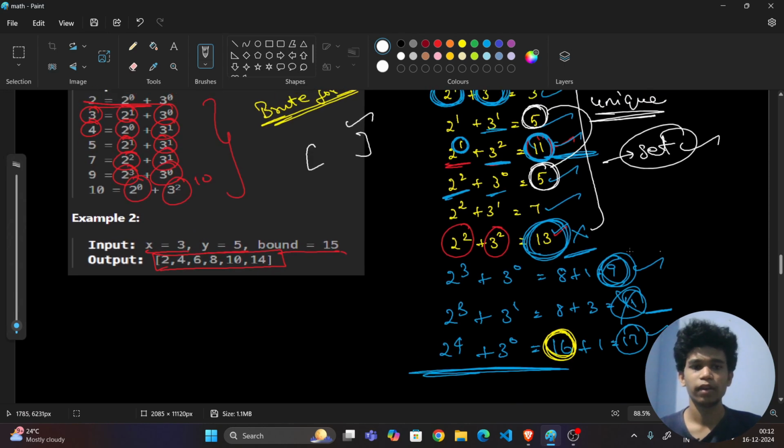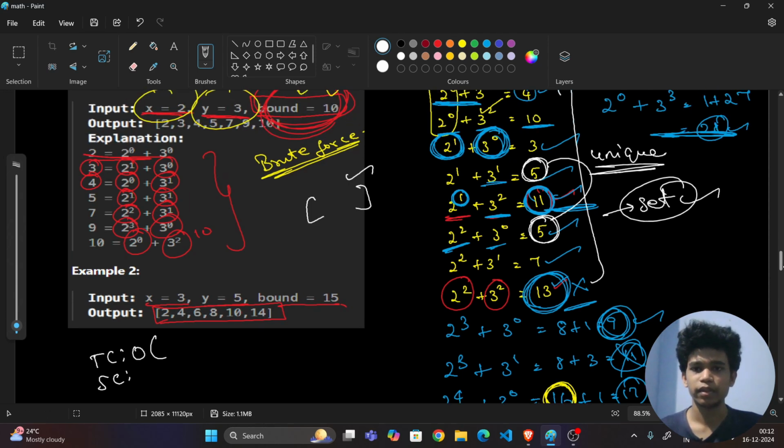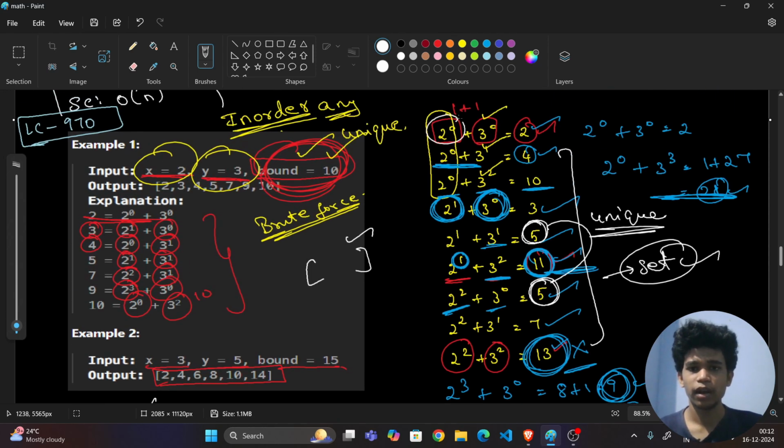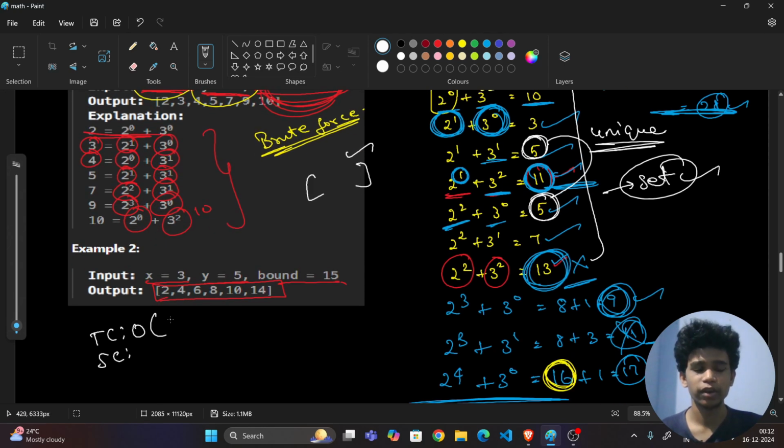Fine. Now what is the time and space complexity for this solution? I can say my time complexity will be O of, see here, we are just doing multiples of 2 and multiples of 3, right? So it becomes log of bound base x, times log of bound base y.